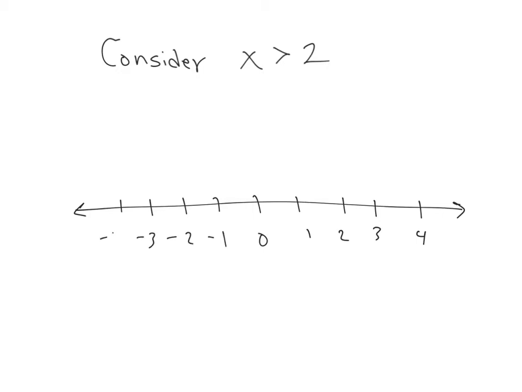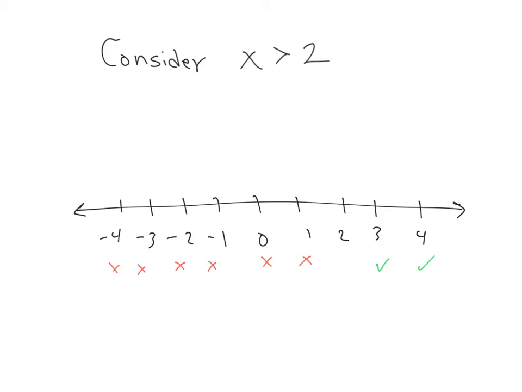The way I go about graphing these is I'm going to think about the numbers that work and the numbers that don't work. So in this case, numbers like 3 and 4 would work. All the negatives, like the small values, and 0 and 1 are also less than 2, so they don't work. Kind of the tougher one is going to be 2.